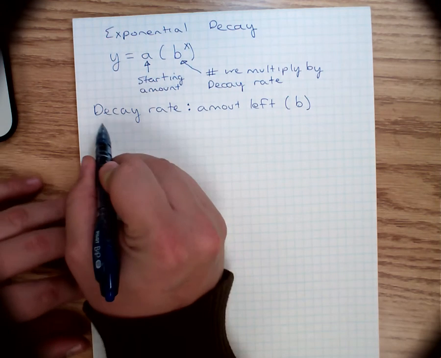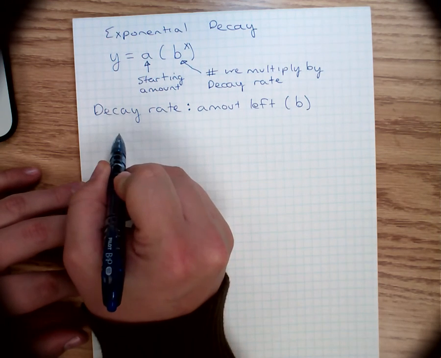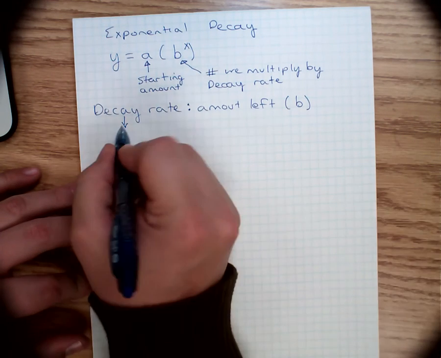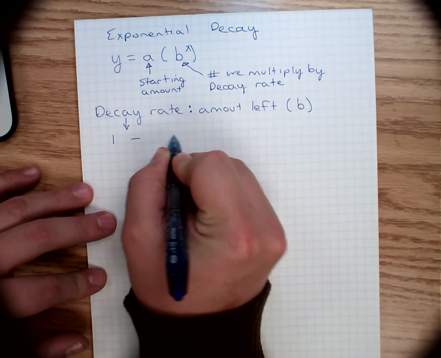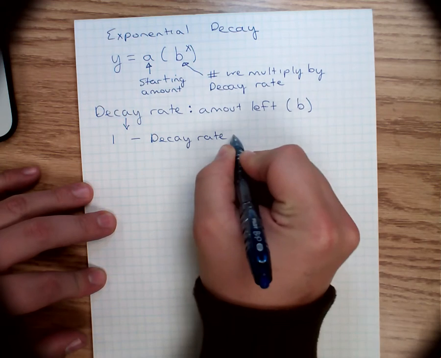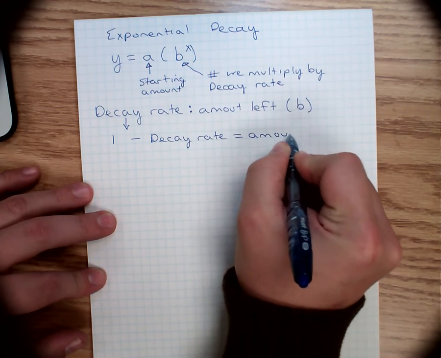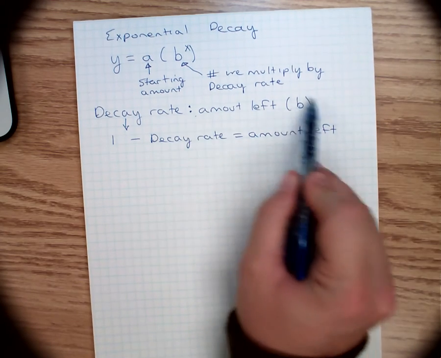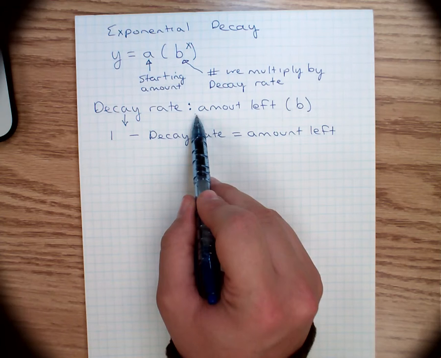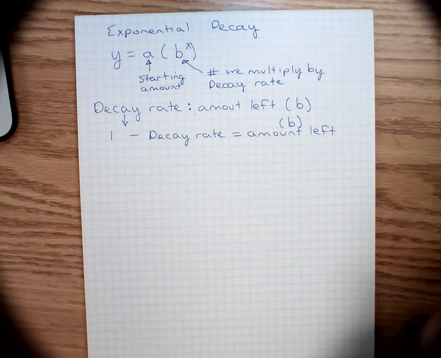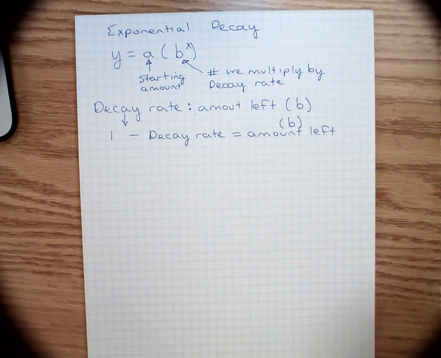If they give you the actual decay rate, we take 1 minus that to find the amount left. So sometimes they'll just tell you the amount left. Other times you'll have to take 1 minus the decay rate.